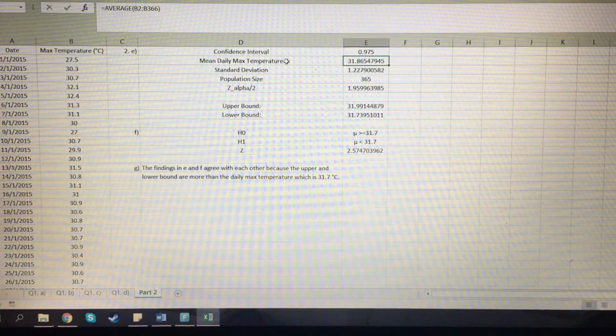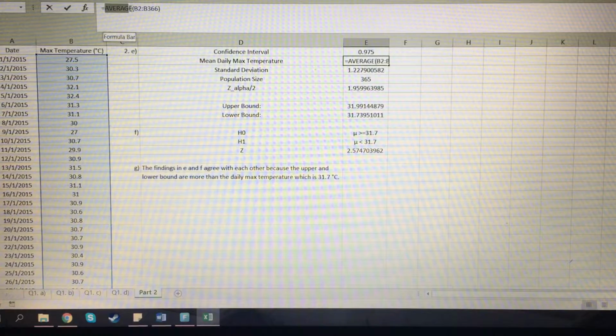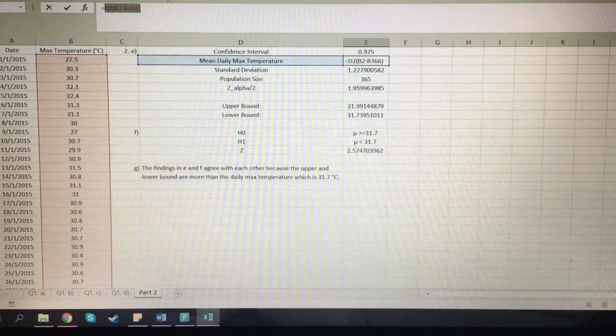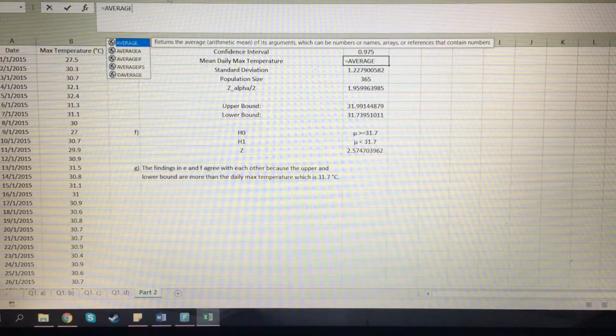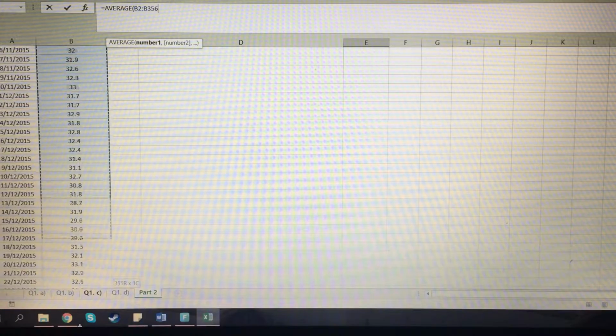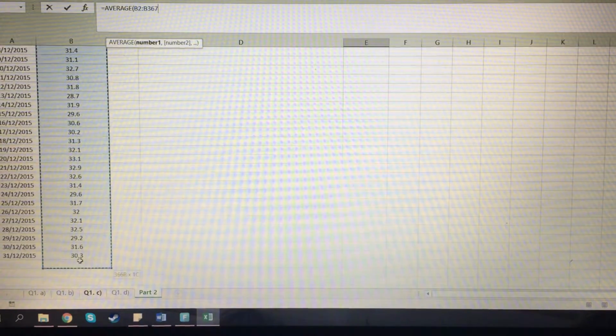In order to find this, I use the average function again. Average, and then I highlighted the max temperature for all the months in the year.